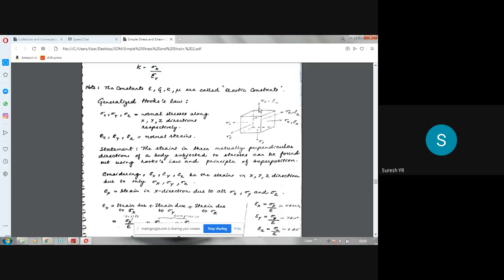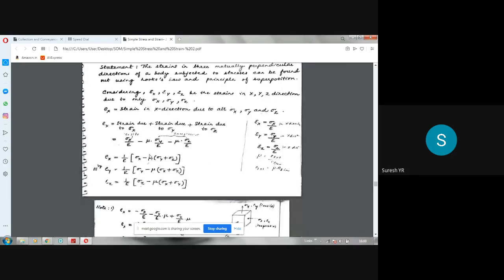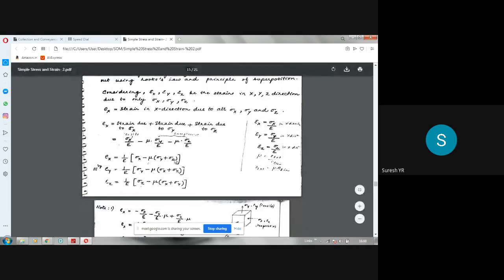That means that length will reduce, width or depth, whatever it is, that dimension will reduce. If the material is subjected to compressive stress or compressive force in one of the directions, it is negative in that direction and positive in the other two directions. So like that we have to take. If you apply that concept, this is how we are going to get the generalized Hooke's law.